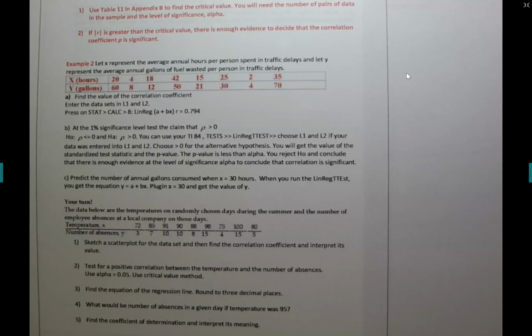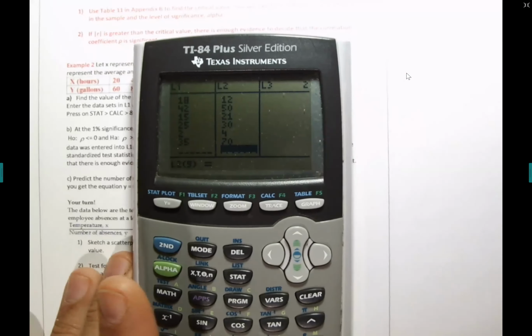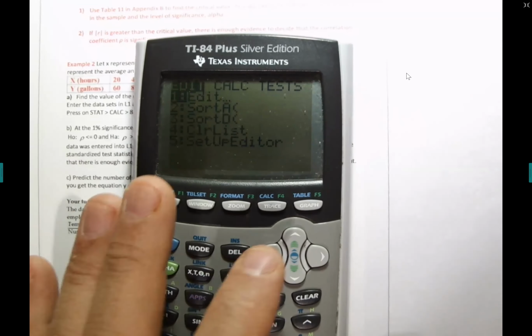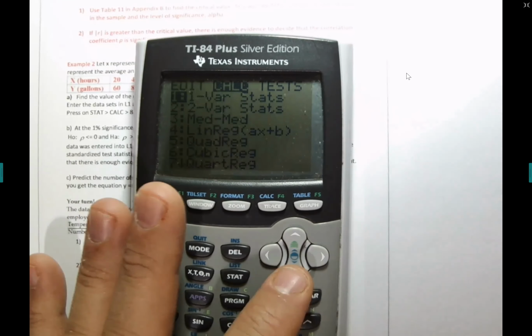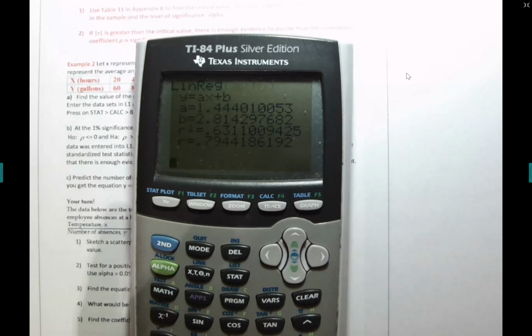Okay, the first question. Find the value of the correlation coefficient R and interpret its meaning. Let's do it. So you go to Stat, Calc, number 4. And R is 0.794.